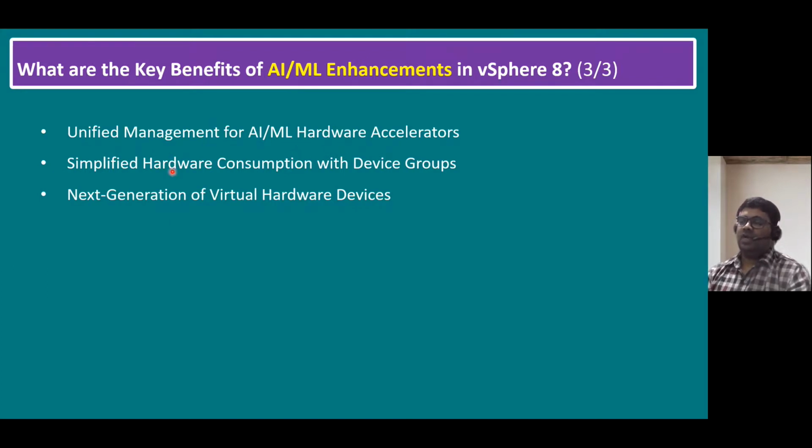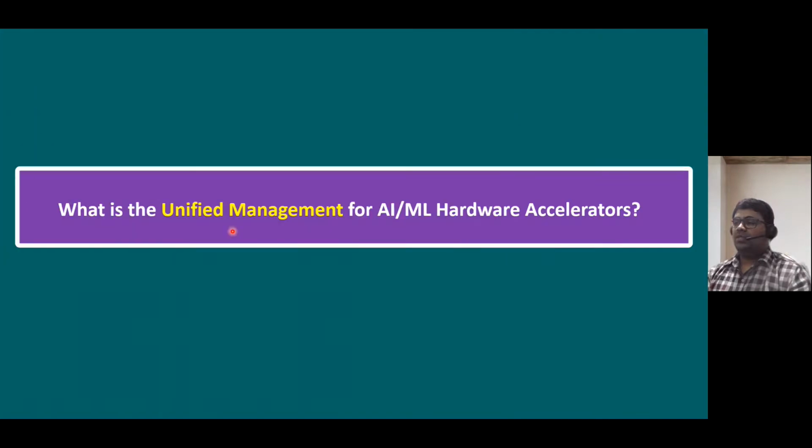I will cover that point, and also how to simplify hardware consumption with the device group, and what the next generation of virtual hardware devices are. So let's start with one of the key enhancement points: what is unified management for AI/ML hardware accelerators?